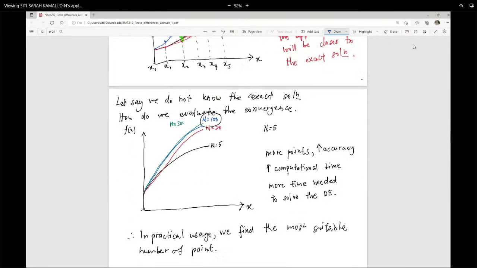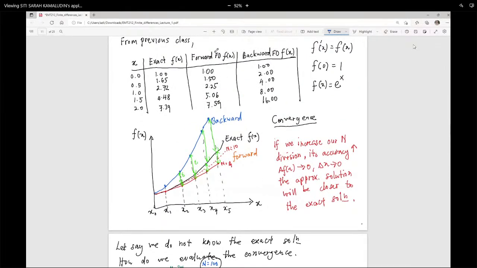Like we see in our example here, when we use our forward as implicit, the solution of our approximation is not far away from our exact solution, but the backward approximation is not very accurate, right?